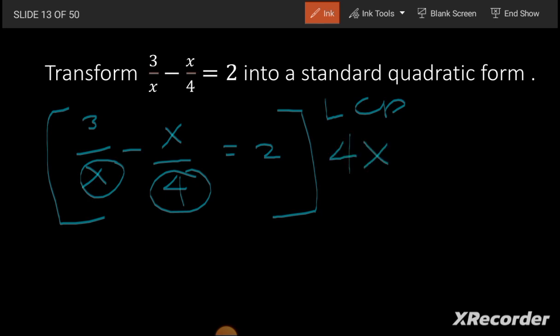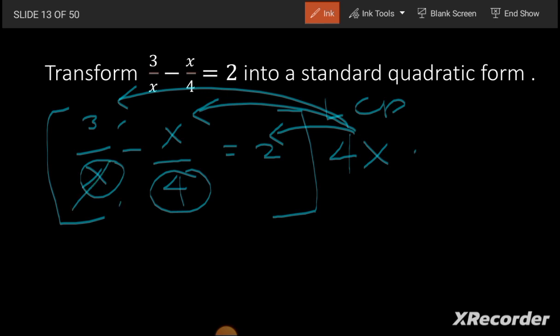So we have 4x. Then, multiply itong LCD sa lahat ng terms na nasa loob ng parentheses. So we have 3 times 4x over x. So, makakancel na yung x at yung x na nasa LCD. Ang maiwan na lang ay 12. Kasi 3 times 4, itong 3 na yan, at saka itong 4.